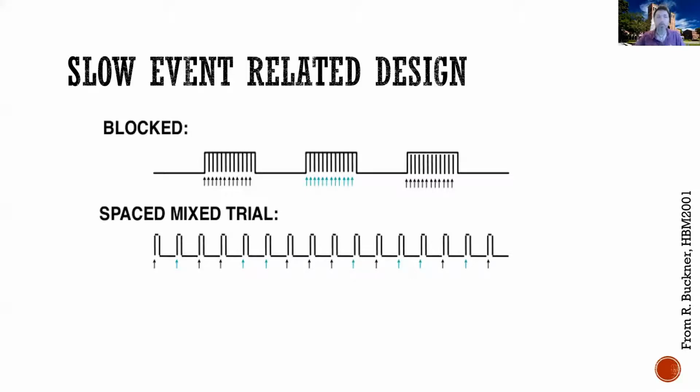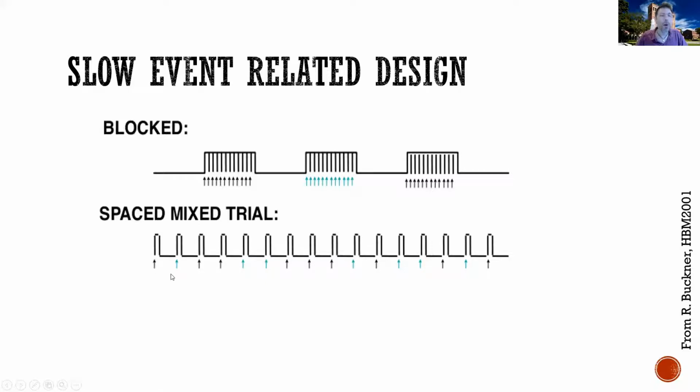So: block design or slow event related design. The idea here is that instead of putting many trials back to back, as in the block design, you have individual trials, and then you have a little break, and then a second trial, and a break, and a third trial and a break, and a fourth trial and a break, and so on.